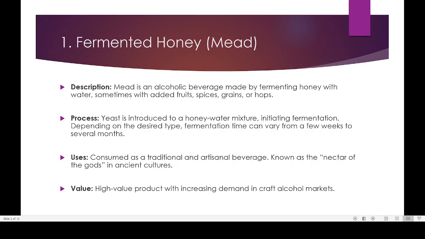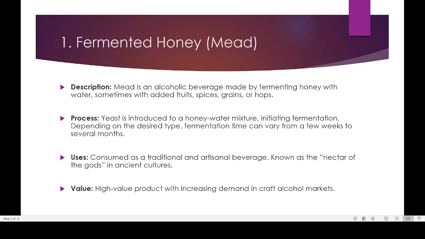Artisan means made in a traditional way by someone, a normal household type of preparation. That is known as artisanal. So it is mainly the traditional or household way of making a beverage. Then it is also known as the nectar of the gods in ancient times.